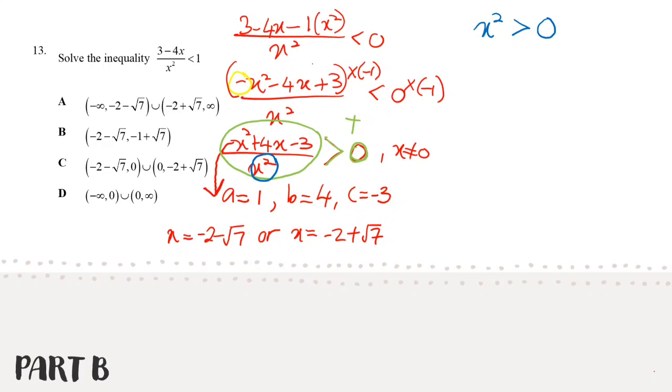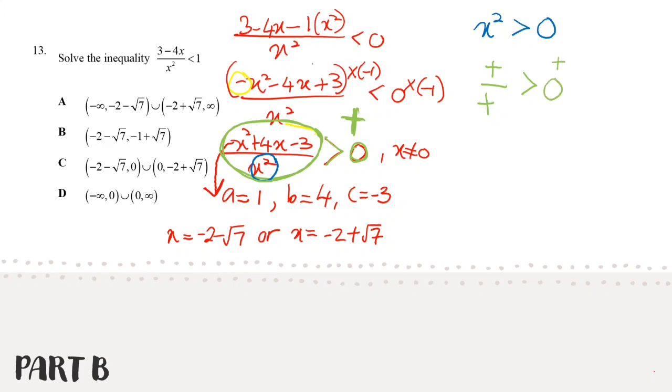So to make sure that the expression, (x squared plus 4x minus 3) over x squared, is always greater than 0 or positive, you need to have a positive over positive, and then you will get greater than 0.